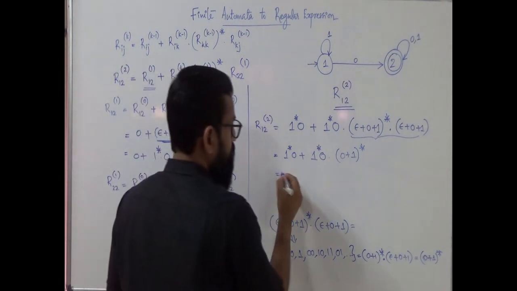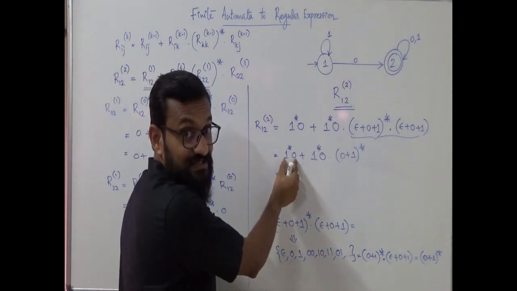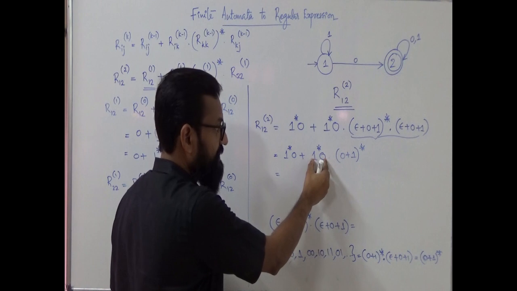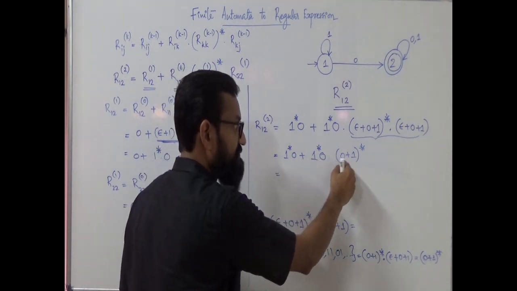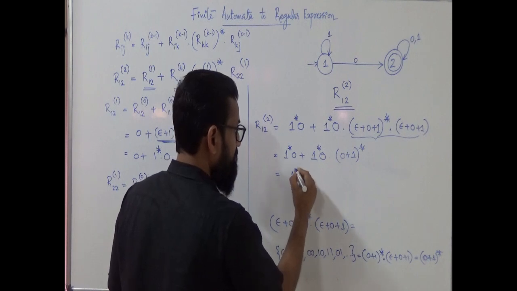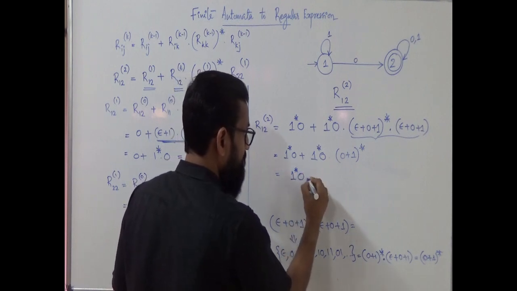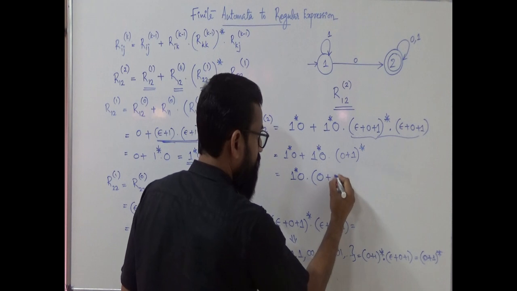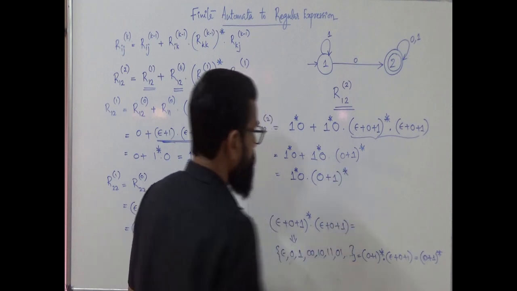Now you have 1 Kleene closure 0 or 1 Kleene closure 0 concatenated with 0 or 1 Kleene closure. So this can be further reduced to 1 Kleene closure 0 concatenated with 0 or 1 Kleene closure.